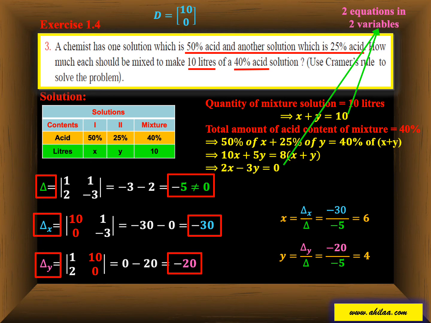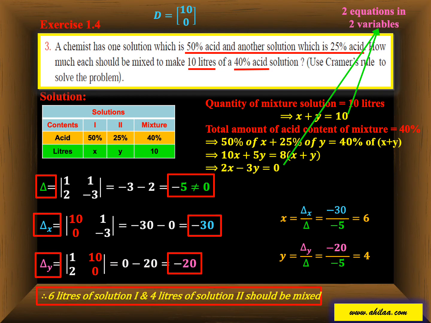Similarly, y equal to delta y by delta, that is minus 20 by minus 5, that is 4. Therefore, 6 liters of solution 1 and 4 liters of solution 2 should be mixed to get a 40% acid solution of 10 liters. Understood?